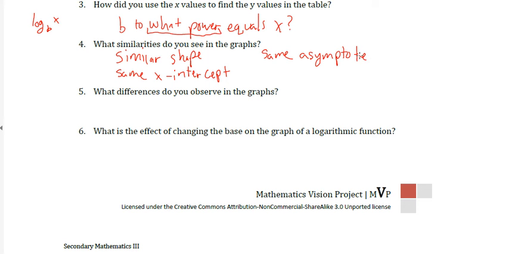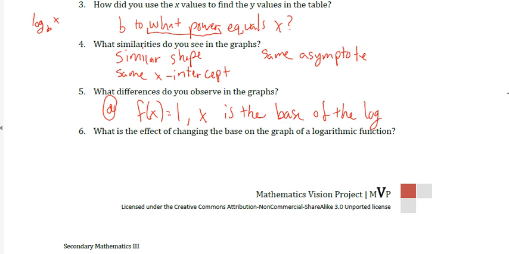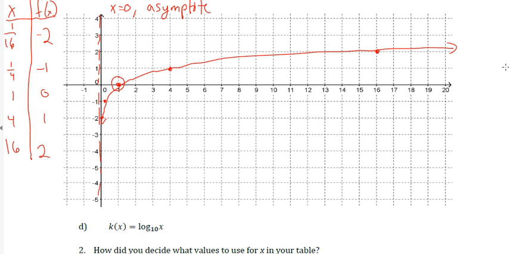The major difference is, this is how I wrote it, you're looking at where y equals 1. x is the base of the logarithm. Now what I meant by that, let's look back up at the graph.